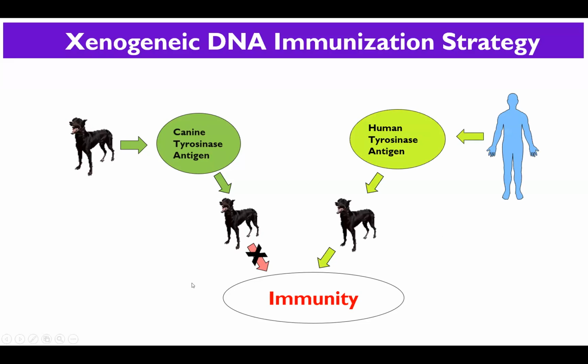But when they used the human tyrosinase antigen and delivered it in the form of a DNA vaccine, they were able to show some benefit. But overall, when you look at the total number of dogs which have gone through this process, the extension of life or the benefit derived from this approach is not that significant.